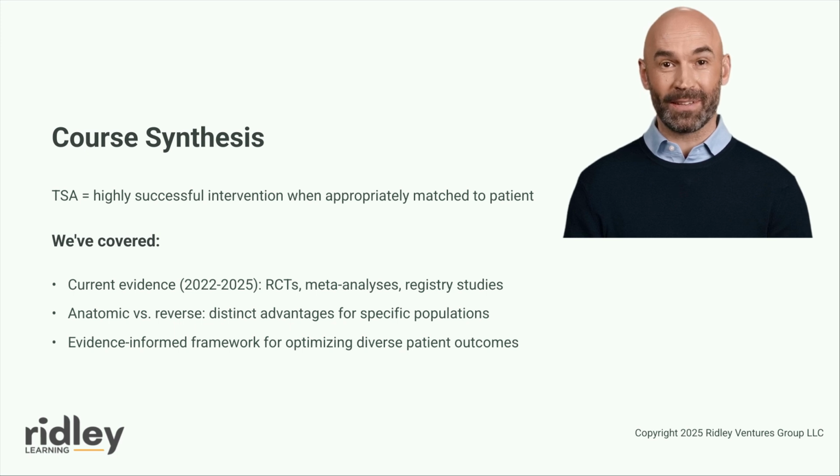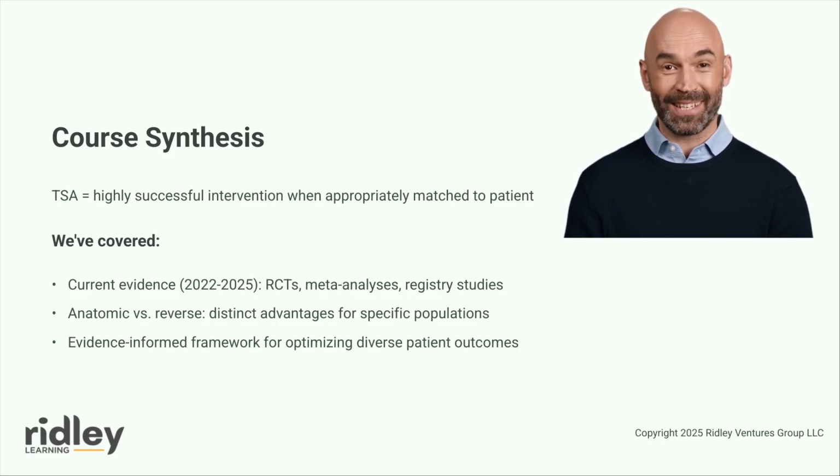Welcome to the conclusion of this comprehensive course on total shoulder arthroplasty, evidence-based update. Let's begin with a synthesis of what we've covered and its clinical impact. Total shoulder arthroplasty has evolved into a highly successful intervention for restoring function and relieving pain in patients with glenohumeral pathology, with both anatomic and reverse prosthetic designs offering distinct advantages when appropriately matched to patient-specific anatomical, functional, and medical considerations.